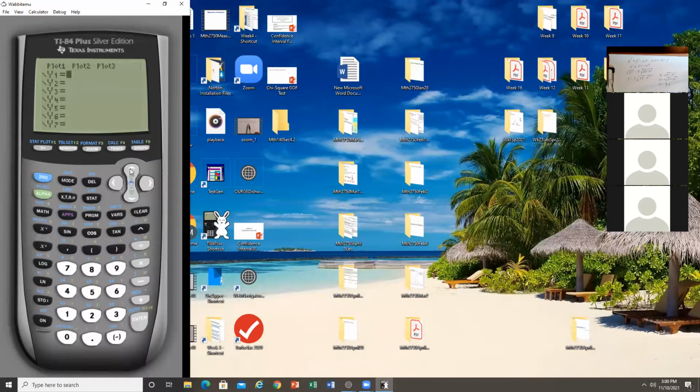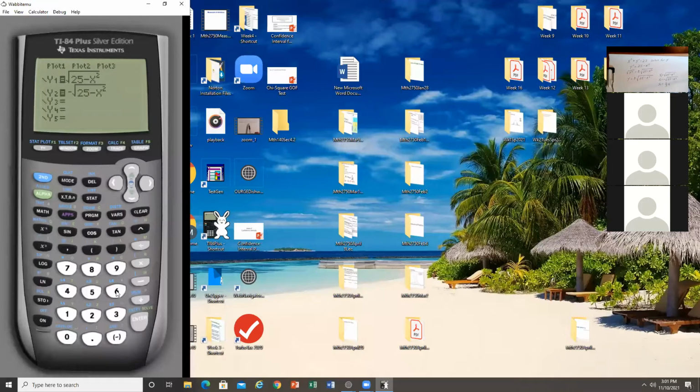All right, so go to y equals, clear out all your fields. y1, I'm going to type in the square root. You got to hit the second and the x squared button. The square root of 25 minus x squared. Second function, I'm going to type in negative the square root of 25 minus x squared.